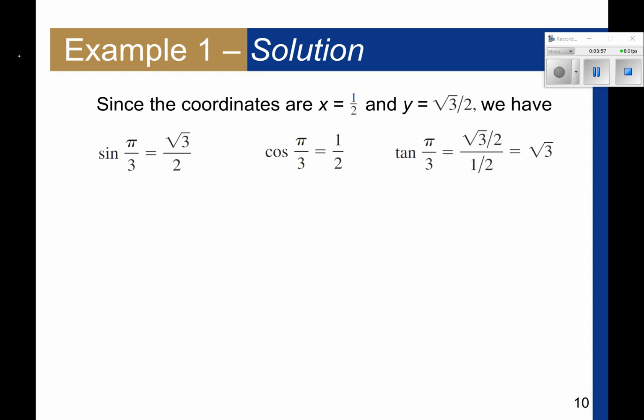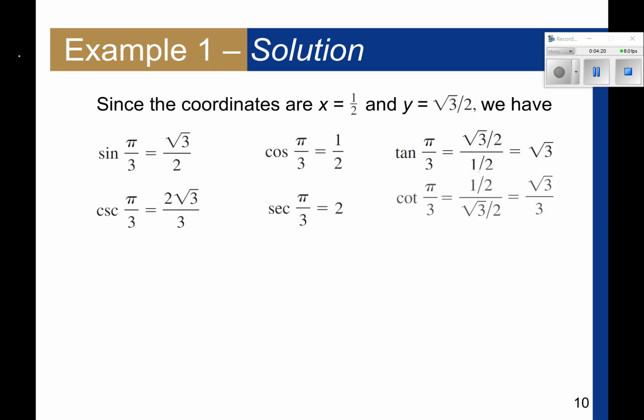Now tangent, yeah, a little bit of work there, square root of 3. Cosecant, flip it upside down, put it in simplest radical form, 2 square root of 3 over 3. Secant, well, the reciprocal of 1/2 is 2, that wasn't tough.